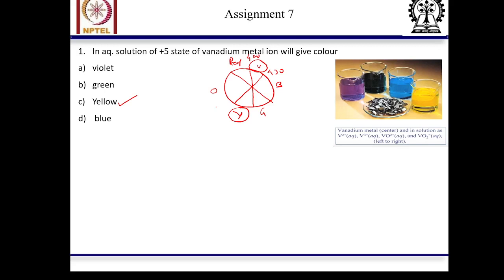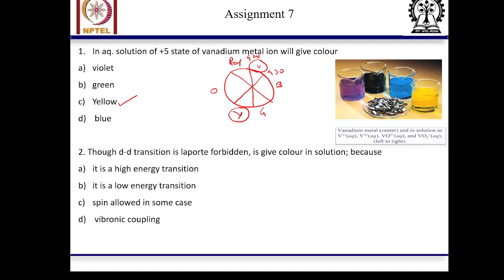That is the concept here. Why is vanadium metal colored? Because of the electronic transition. Second, where it is absorbing and what is the color for that complex. So it is absorbing the violet region, that's why it is giving the yellow color.